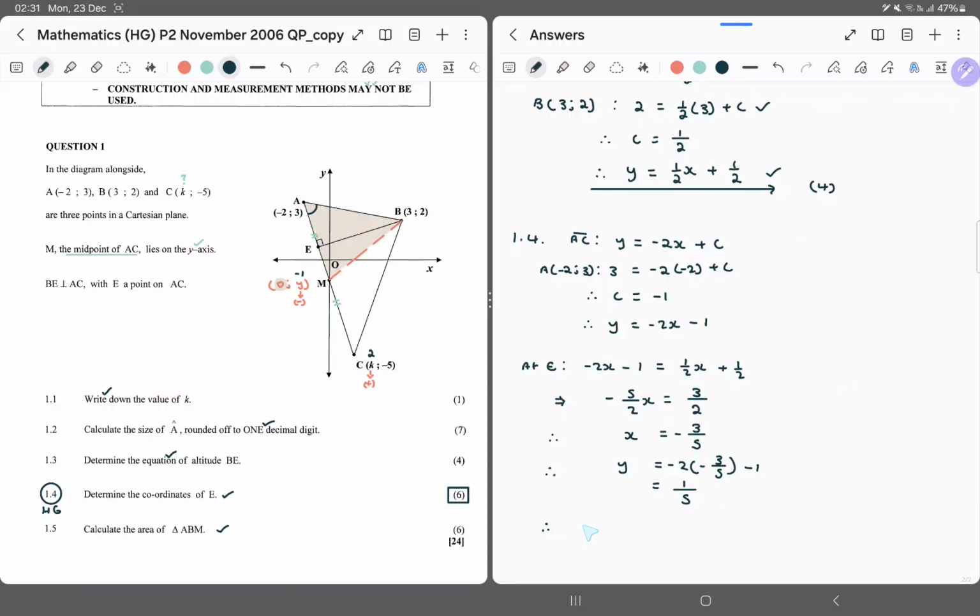So we can say therefore the coordinates of E are minus 3 over 5 and 1 over 5. Well, the point itself is in the second quadrant and the coordinates are agreeable.